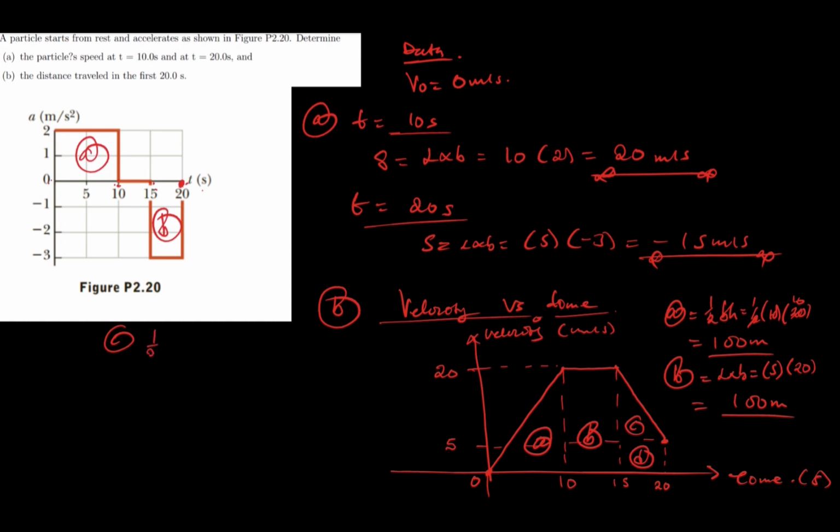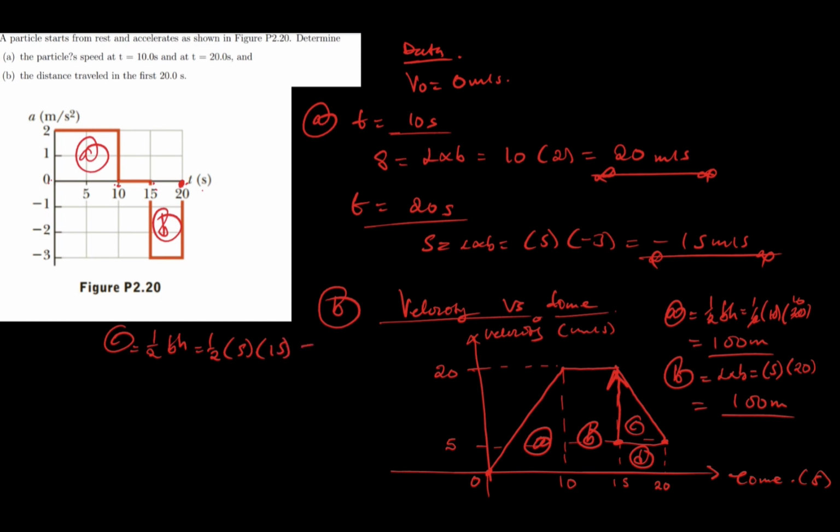Then I can move on to C, which is half base times height. So I say half of the base, which is the difference there, which will be 5. Then the height is from here to the top there, which will be the difference in these points, which will give me 15.